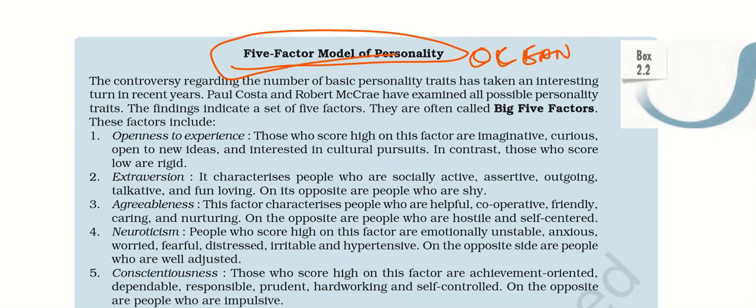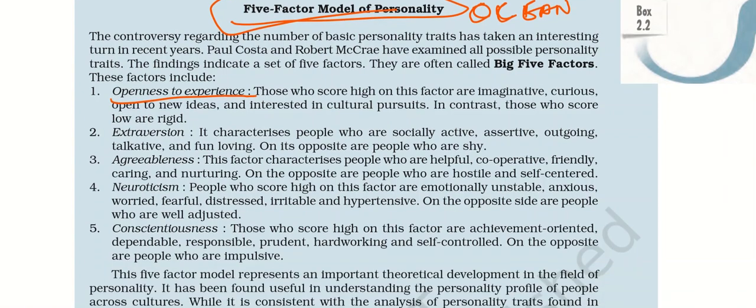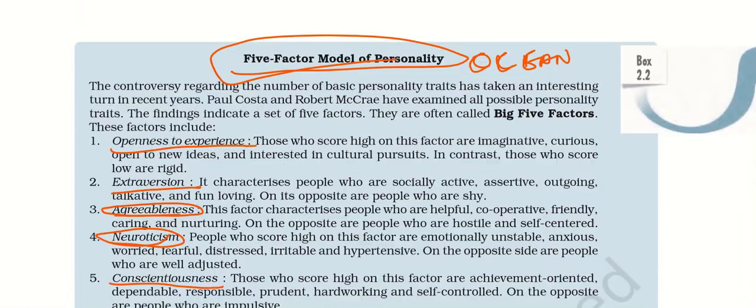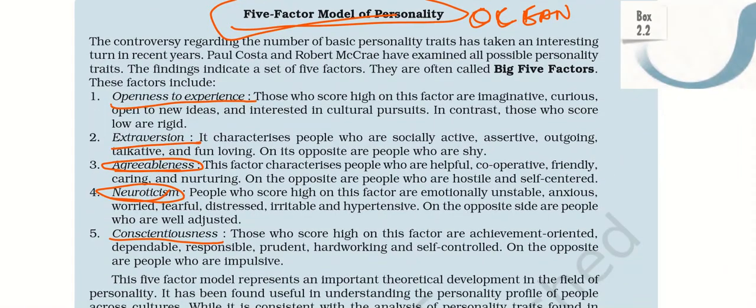O is openness to experience, C is conscientiousness, E is extraversion, A is agreeableness, and N is neuroticism. This is also known as the OCEAN model of personality and the Big Five personality model. It was given by Paul Costa and Robert McCrae.